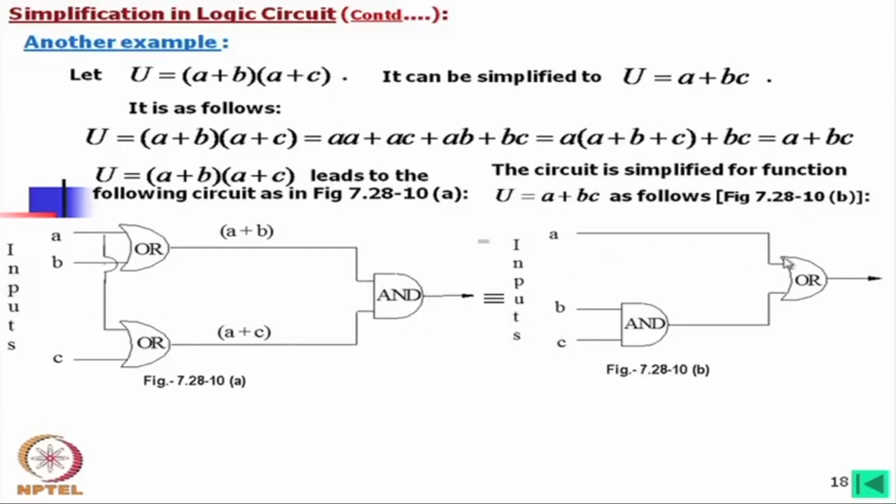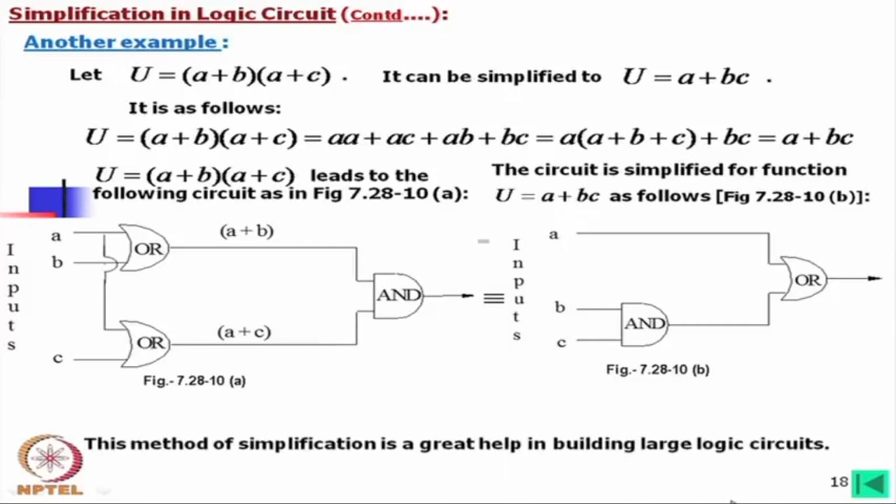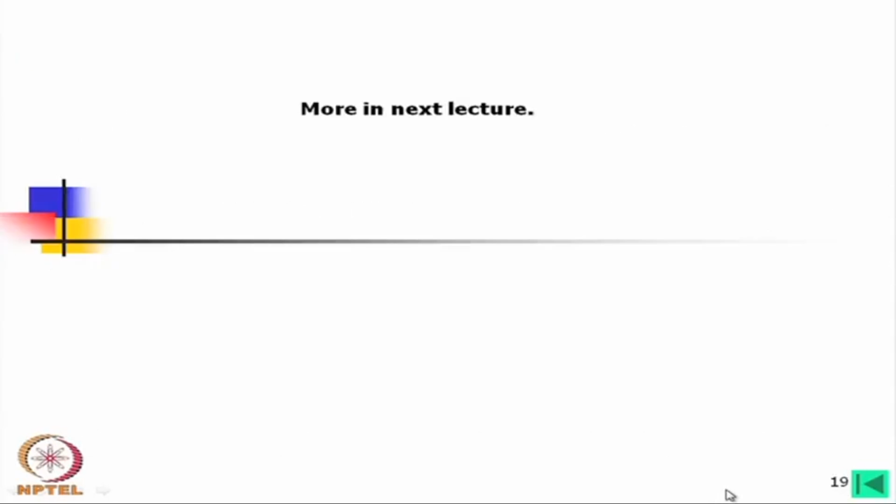Instead of that, use an OR gate here, directly put A there, B and C through an AND gate, and then you are getting the output. So, these three devices are simplified into two devices, one is not required. So, such simplification is required in logic circuits to arrive at the simplest circuit. So, we shall discuss in the next lecture.